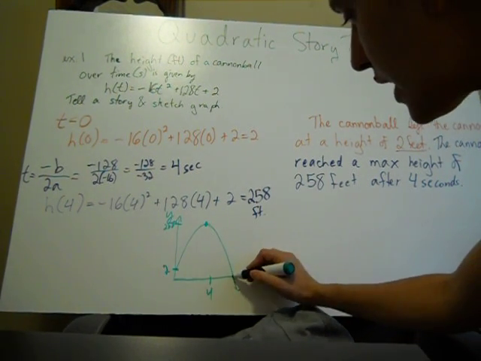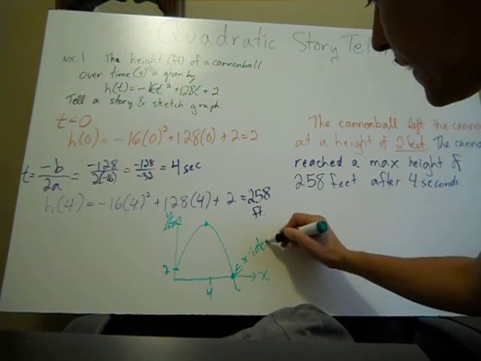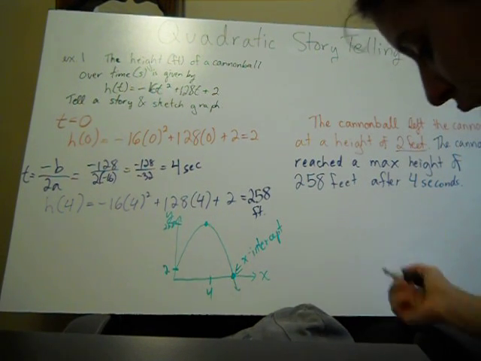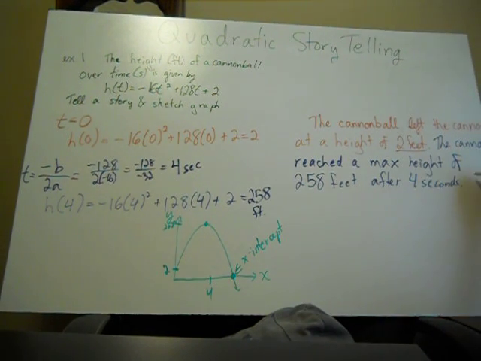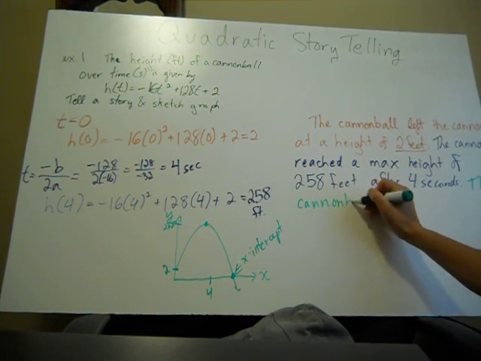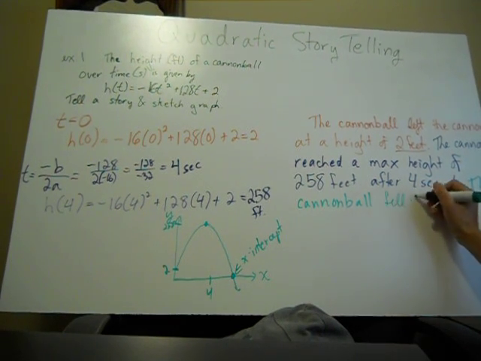So if you do second trace, intersect, 5, 3 times to get that x-intercept, like we did on the last test, then you're going to find that the cannonball is around 8 seconds. The cannonball fell back to the ground.